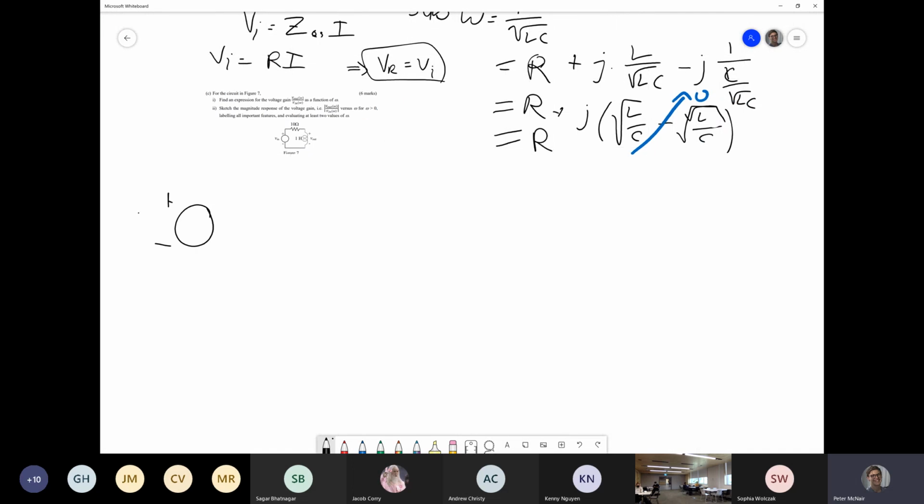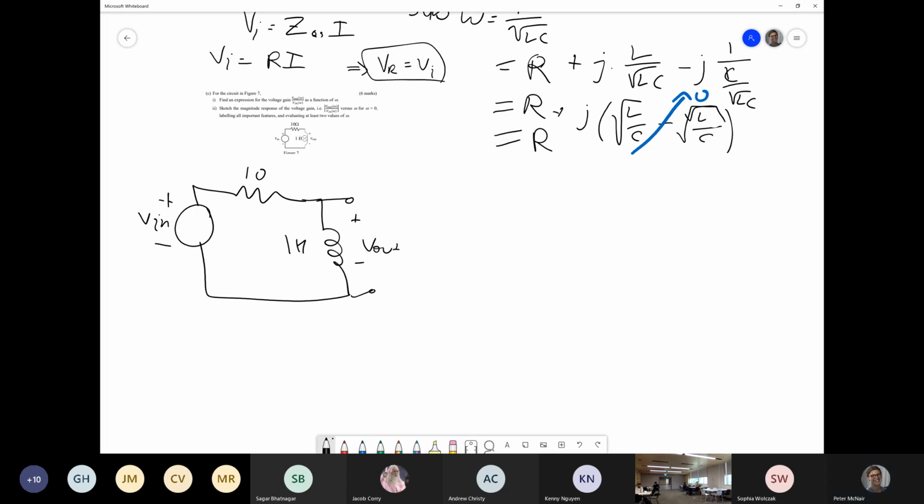Always good to have things drawn out. Very simple RL circuit, 10 ohm, 1 Henry. Our V out goes across here. And we just want to find an expression for the voltage gain V out divided by V in.